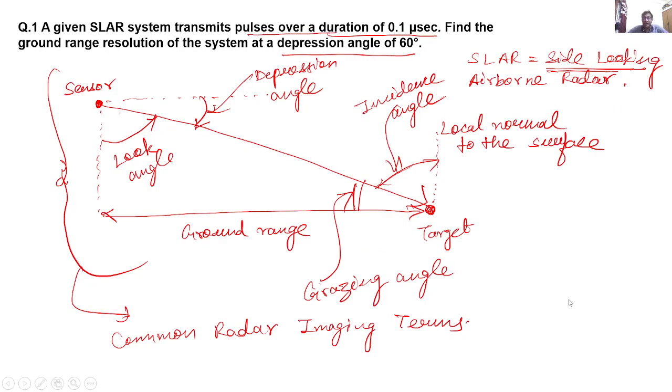So I just introduced one question, which was about a side-looking airborne radar. It transmits pulses over a duration of 0.1 microseconds, and we have to find the ground range resolution of the system at a depression angle of 60 degrees. I also plotted a schematic just to explain the terminologies related to active microwave remote sensing.